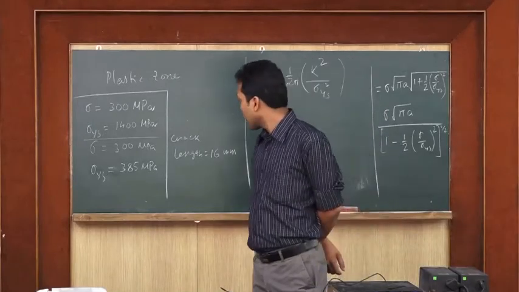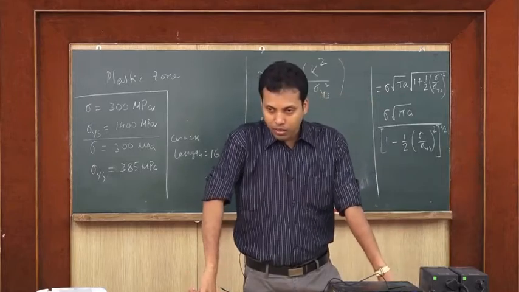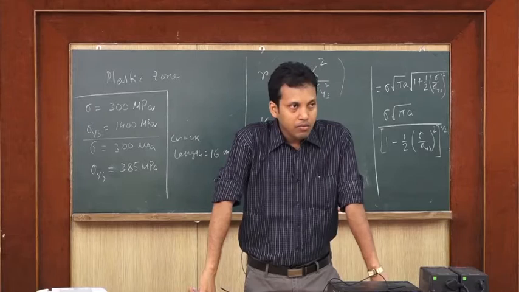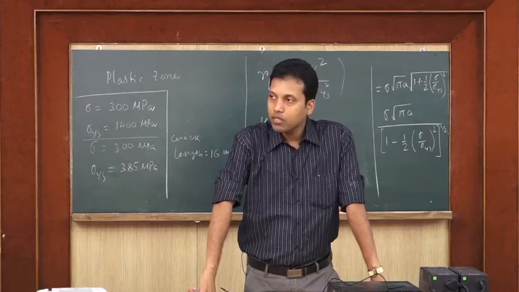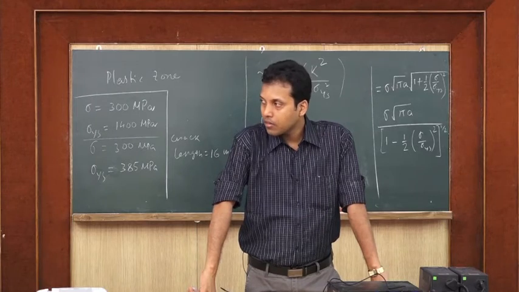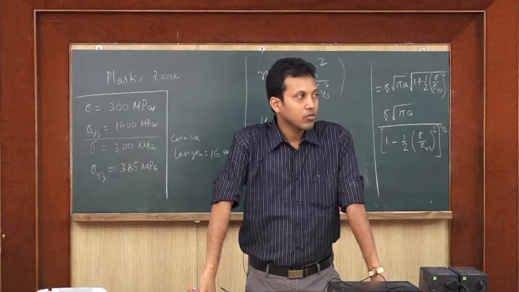Please remember that the crack length given is 16, that means a is half of that, it is 8 millimeter. So you put a as 8 millimeter, and convert it to meter, because the unit of stress intensity K is megapascal root meter. Okay.